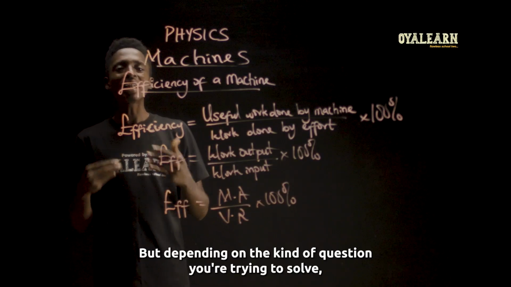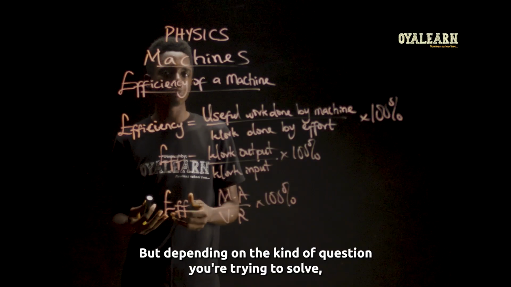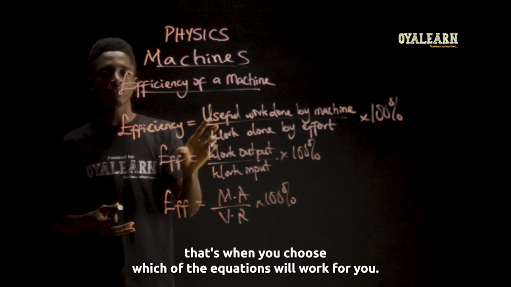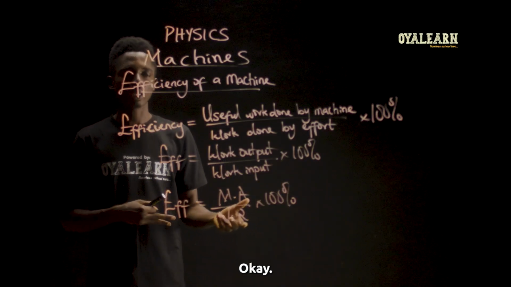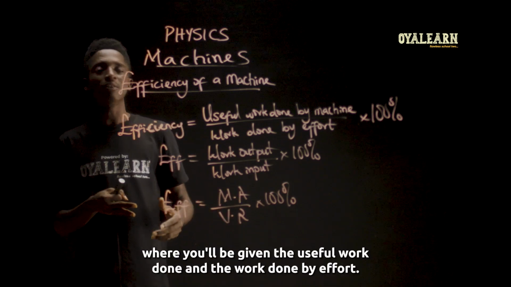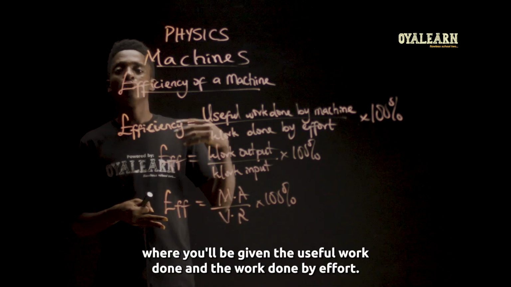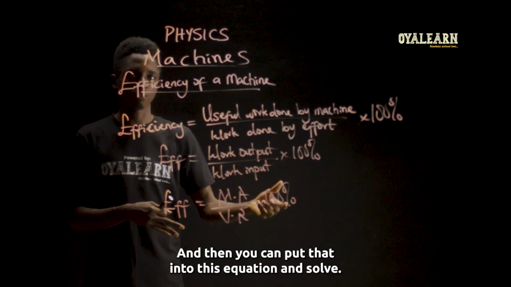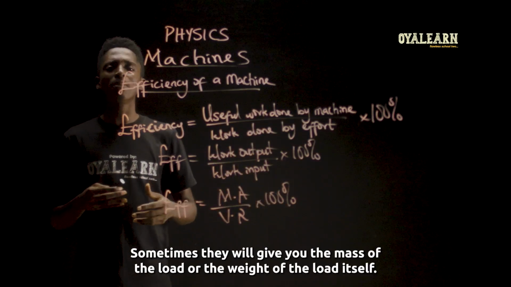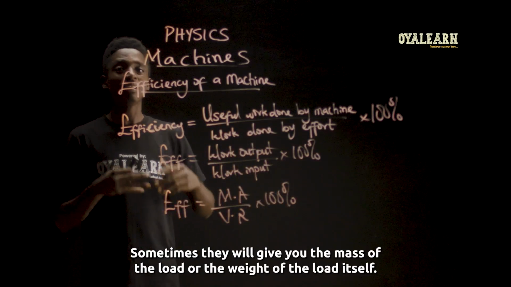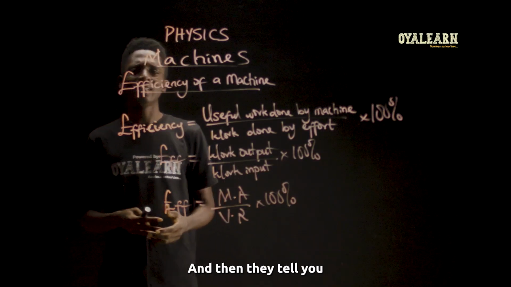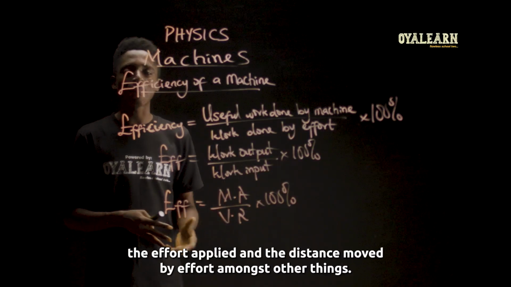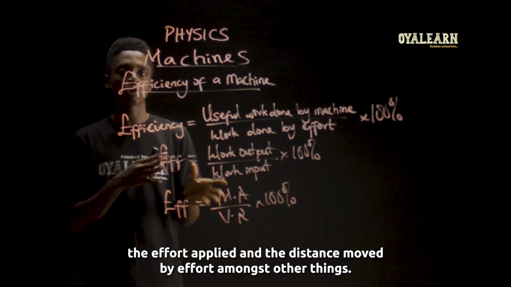Depending on the kind of question you're trying to solve, that's when you choose which of the equations will work for you. There will be some cases where you'll be given the useful work done and the work done by effort, and then you can put that into this equation and solve. Sometimes they will give you the mass of the load or the weight of the load, and then the effort applied and the distance moved by effort, amongst other things.